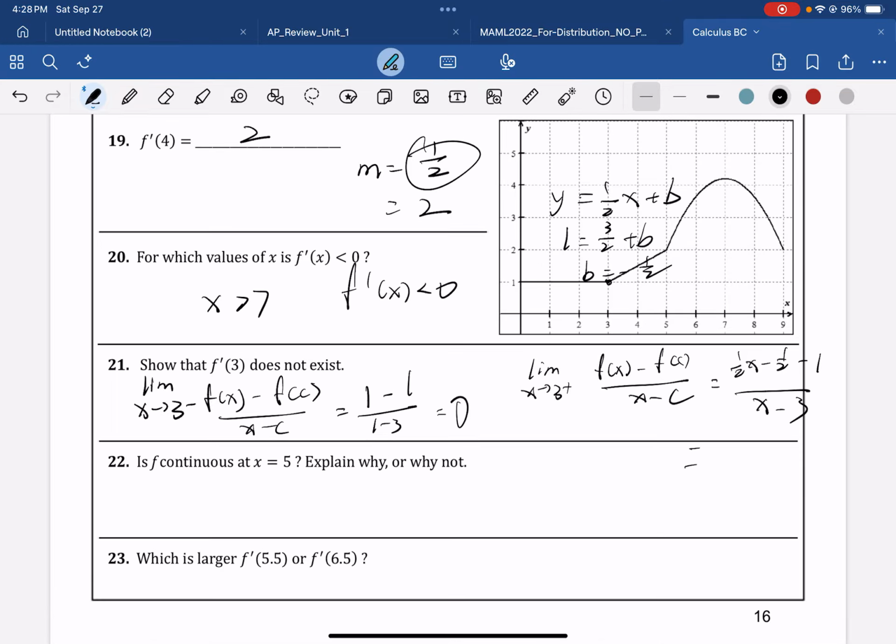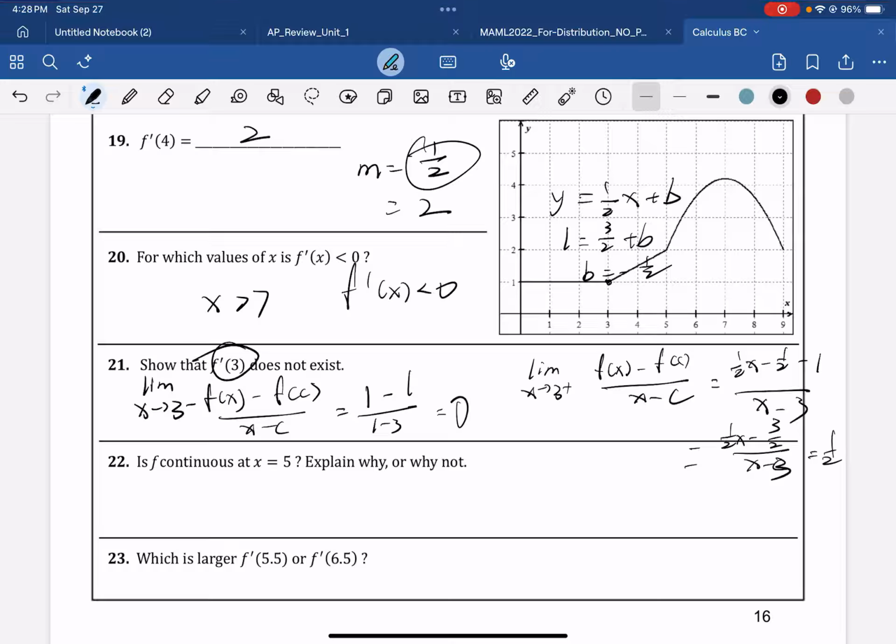Then we got a half of x minus half of 3, which is a half, over x minus 3. So we can get the derivative is a half. Basically the two derivatives are not equal to each other, so this point doesn't exist.